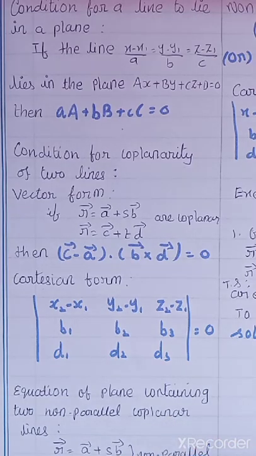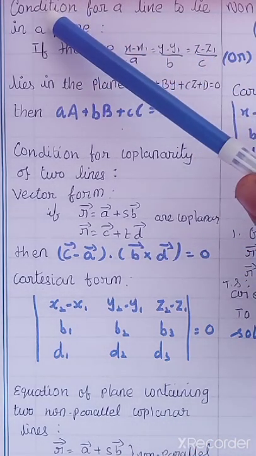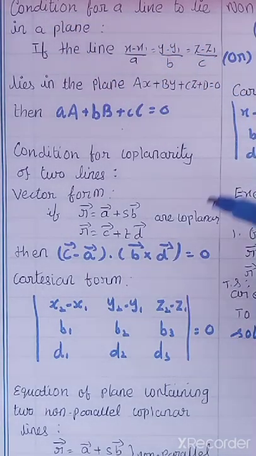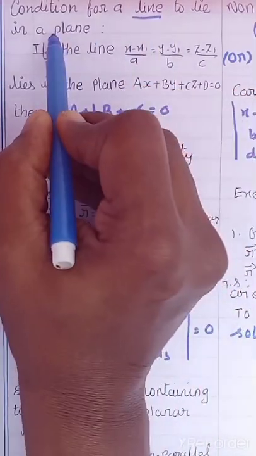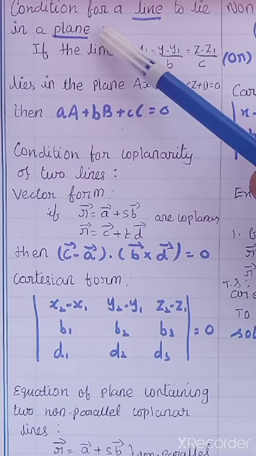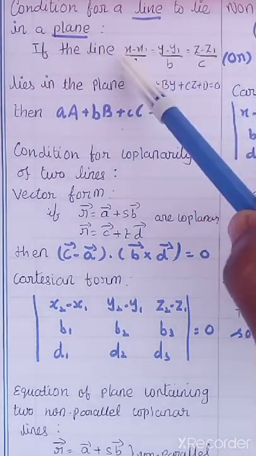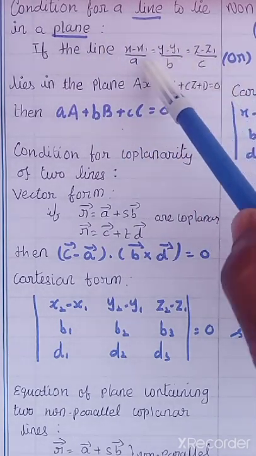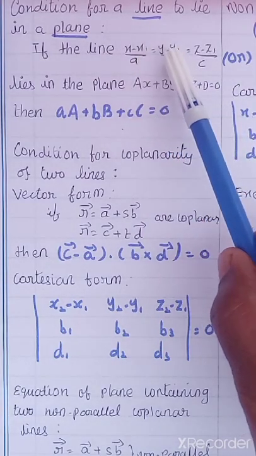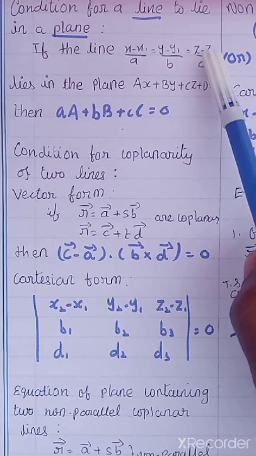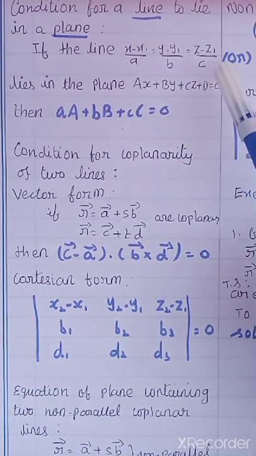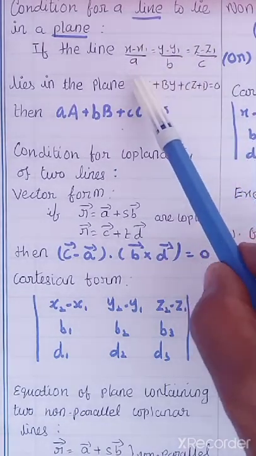Is that clear? Okay, so the first one: the condition for a line to lie in a plane. Here the line and the plane are important. We have to check whether the given line lies on the plane. We take one line and one plane. What are the x1, y1, z1 point, the vector A, B, C, and the plane?